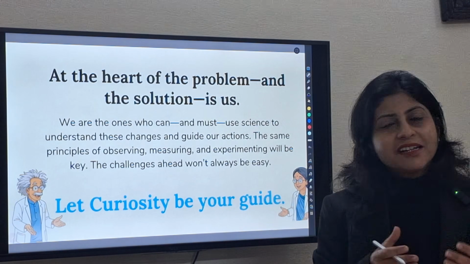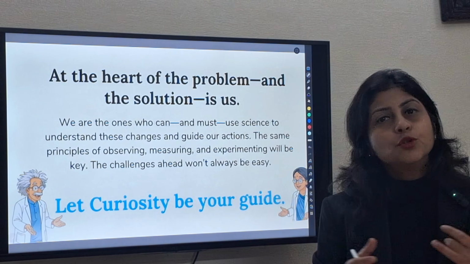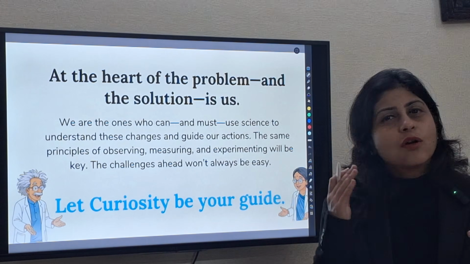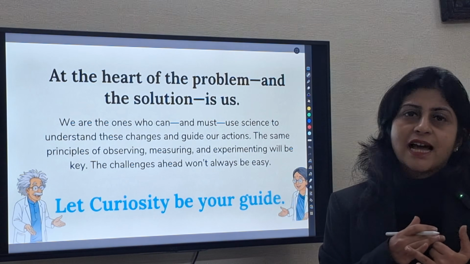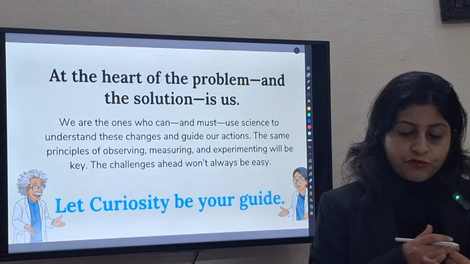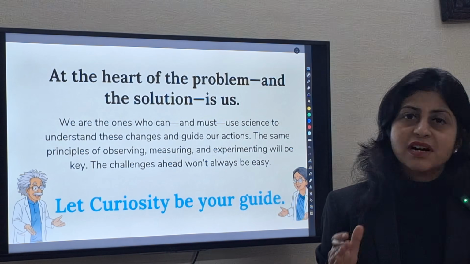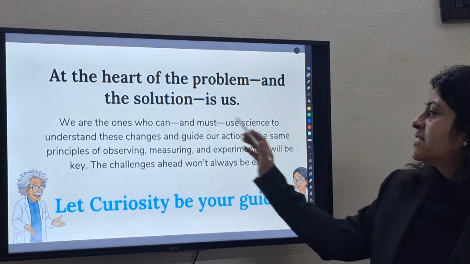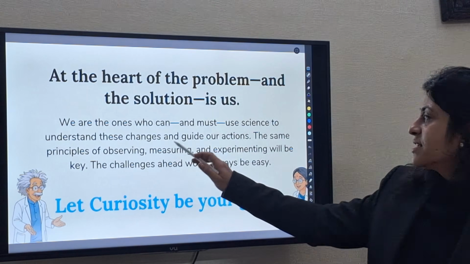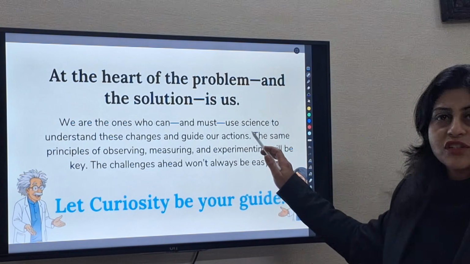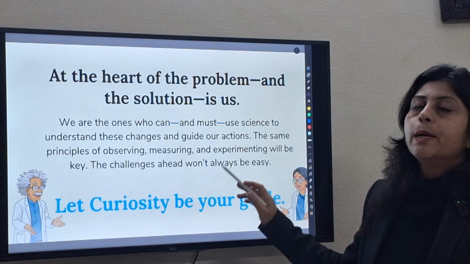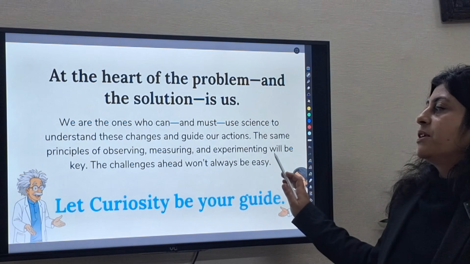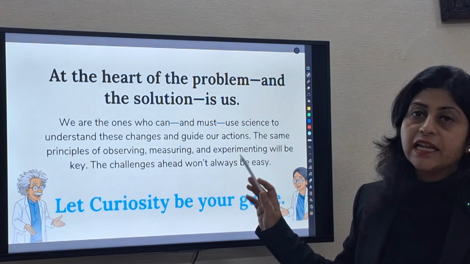Ultimately, it is we humans who are the cause of the problem, and the solution too lies with us. We are the ones who can and must use science to understand these changes and guide our actions accordingly. The same principles of observing, measuring, and experimenting will be the key.